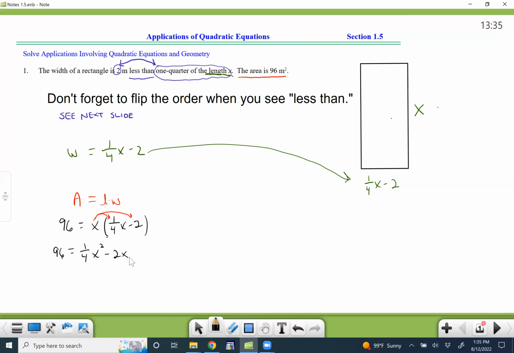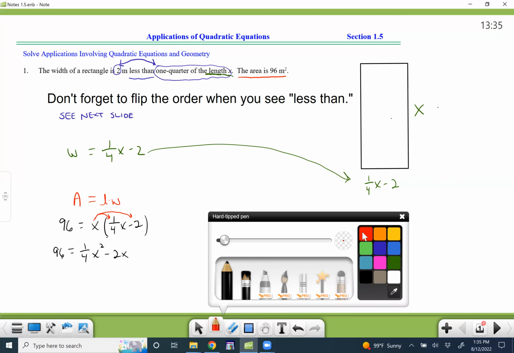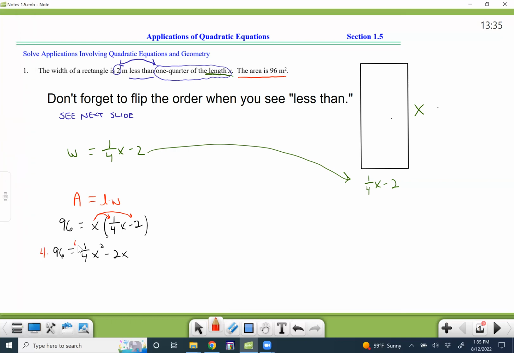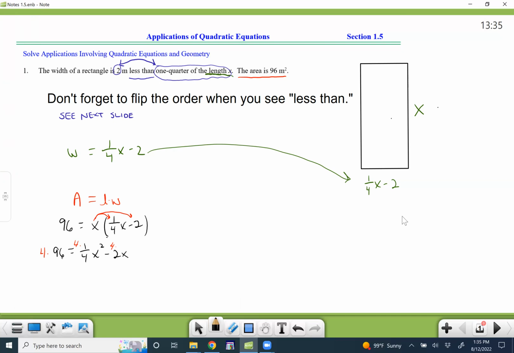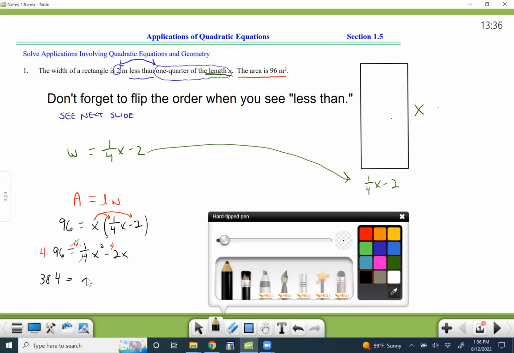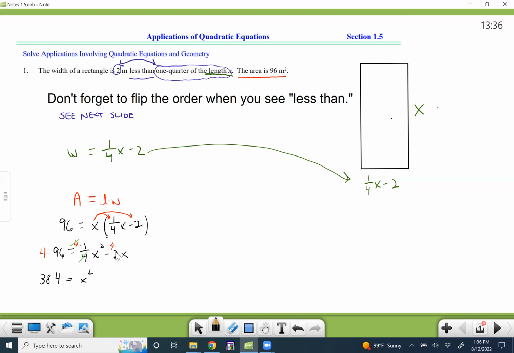Now, I don't particularly like dealing with fractions, so I clear the fractions by multiplying by the LCD to everything, because it just makes it a lot easier to have whole numbers or integers. All right, so 4 times 96. Let's see here. That'd be a 4, carry the 2. I think it's 384. Okay, hopefully that's right. Let me just double check it. 4, carry the 2, yeah. All right, and then here the 4s are going to cancel with each other, just leaving us 1x squared, or x squared. And then 4 times 2 is going to get us a negative 8x.